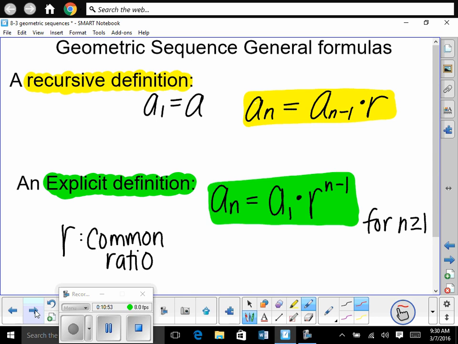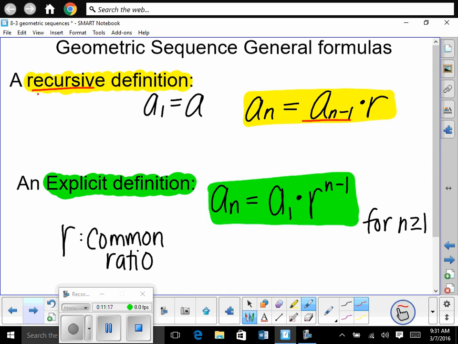So now, if you don't know how to find the formula, you'll just use the general formula for the geometric sequence. A recursive definition we never really use, so I don't even know if you need to write it down, but in general, a recursive definition for a geometric sequence is this: a sub n is equal to a sub n minus 1, which means previous term.